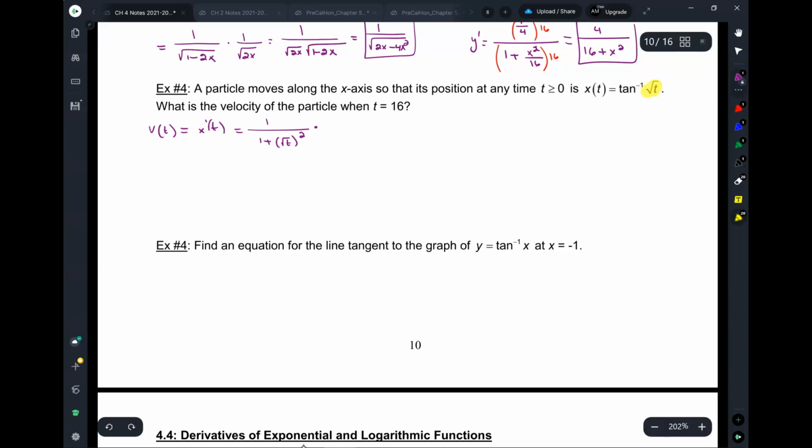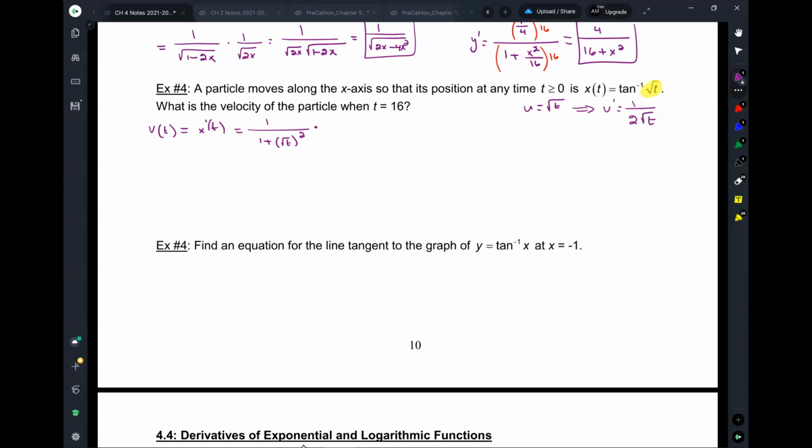Okay? And at this point, I think we've reached a point where we could just automatically say, if u is root t, then u prime is 1 over 2 root t. Okay?